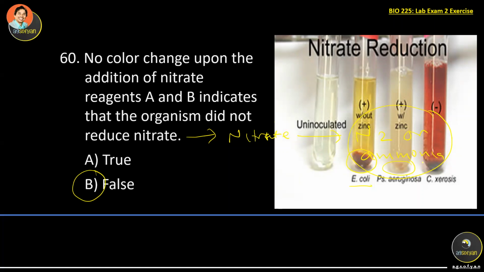But over here, the Pseudomonas aeruginosa is able to reduce the nitrate, but the result is not nitrite. The result is actually the other one, maybe nitrogen.